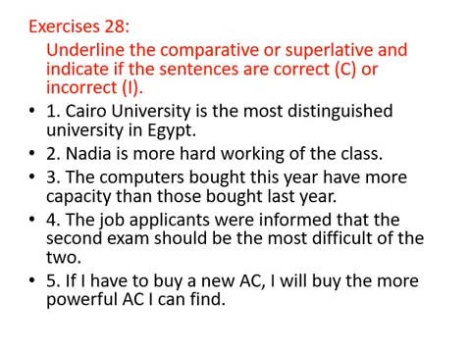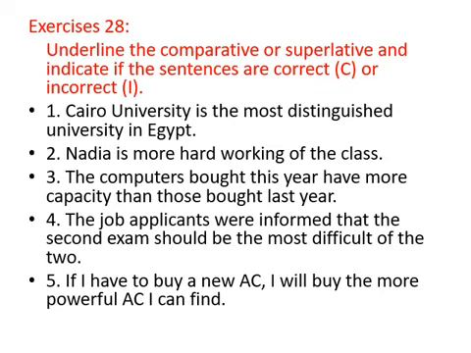نشوف exercise 28. Underline the comparative or superlative and indicate if the sentences are correct or incorrect. Type Cairo University is the most distinguished university in Egypt. أنا بقارن Cairo University بكل الجامعات في مصر. يبقى هستعمل إيه؟ superlative.